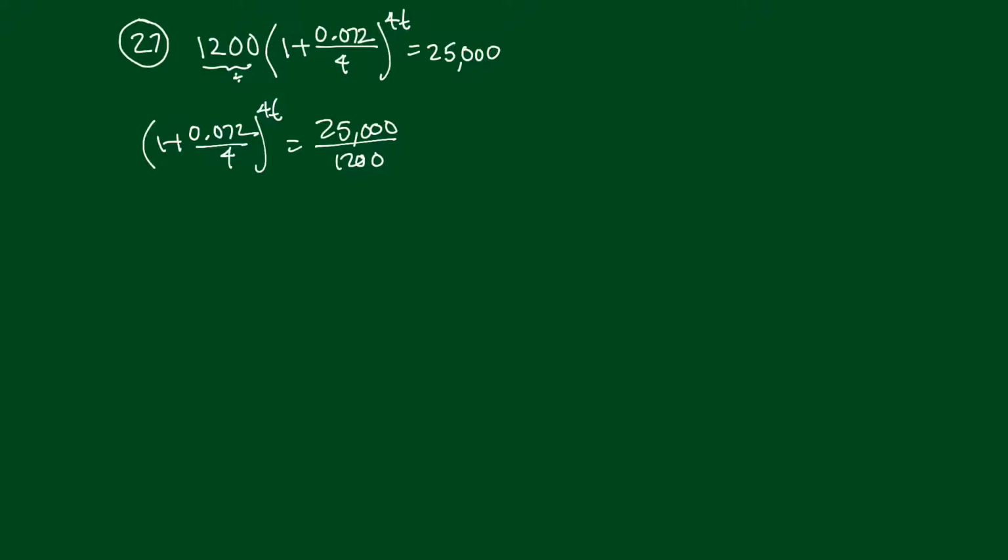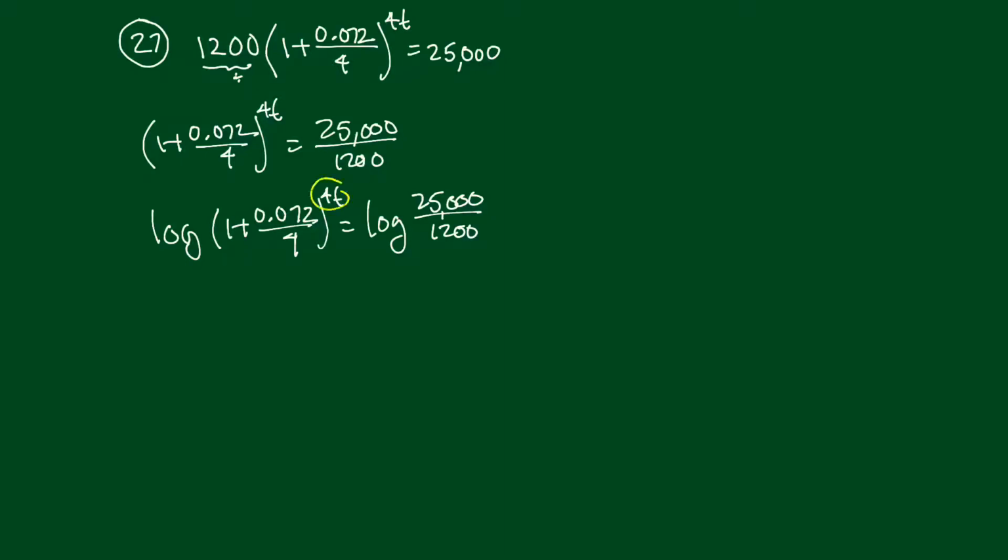So now I've got a base to a variable. Let's bring the variable down in front after we take the logarithms. So how about log base 10 of 1 plus 0.072 over 4 to the 4t. This will be the logarithm of this quotient, 25,000 over 1200.